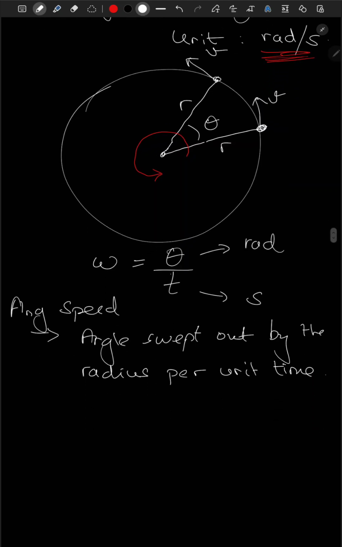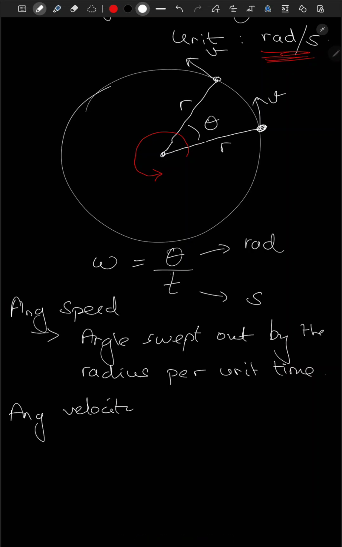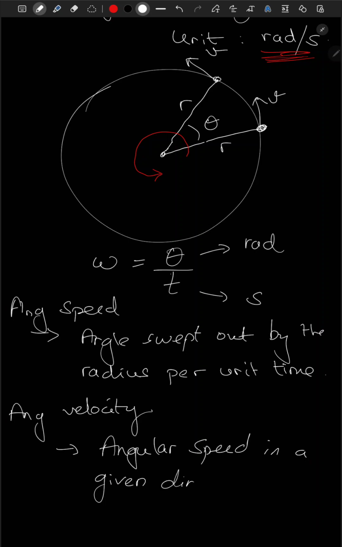Okay, it does not have a direction because it is scalar, whereas angular velocity, we can define it in a specific direction. So we can say that it is just the angular speed in a given direction. So these are the two definitions that you need to know.